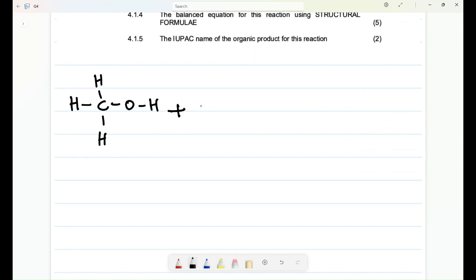I'm going to draw it like this so that I can show you something: H, C double bond O. Remember, the functional group of a carboxylic acid is the double bond O and OH. So I want to start with that part, O, C double bond O. I already have one carbon, so I can just add two of those.